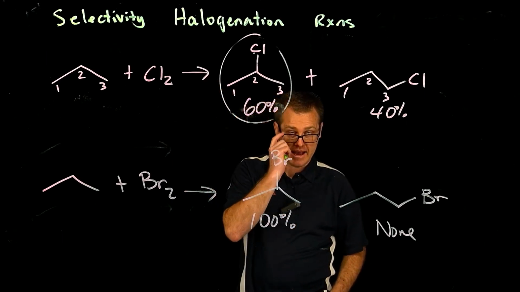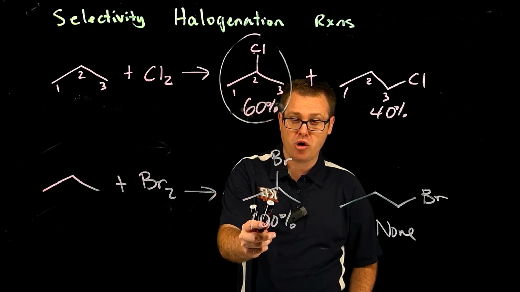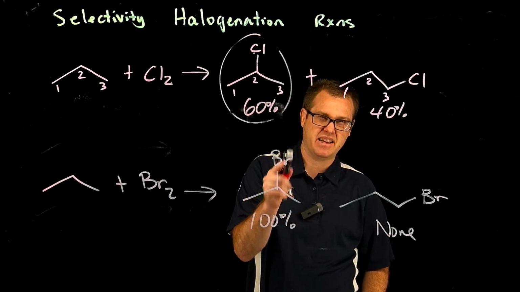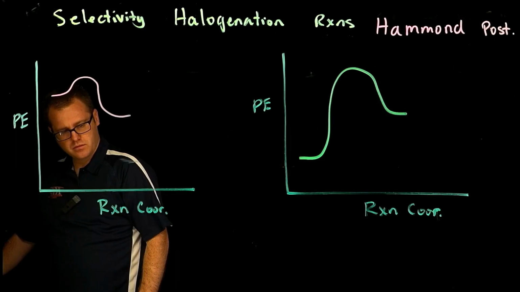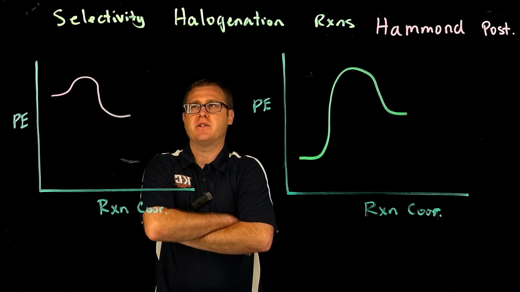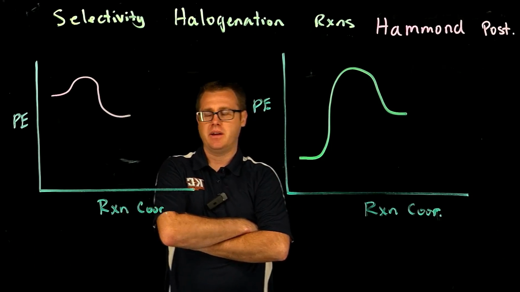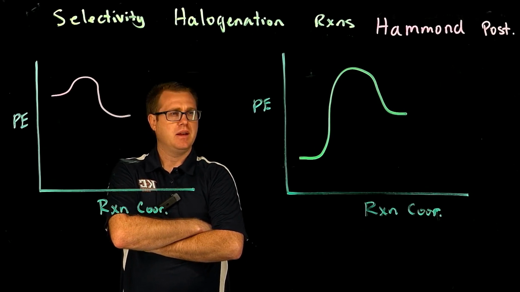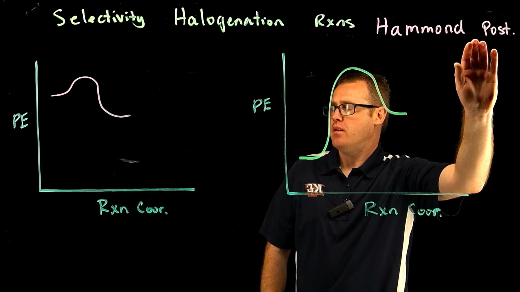So we need to remember that as we are discussing why bromination is more selective than chlorination. So why is there a difference between the selectivity of halogenations when using chlorine versus bromine? Well, it comes down to the Hammond postulate.